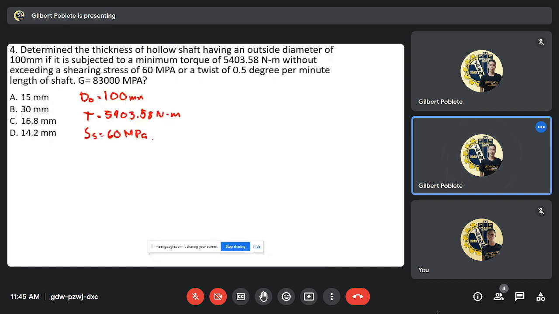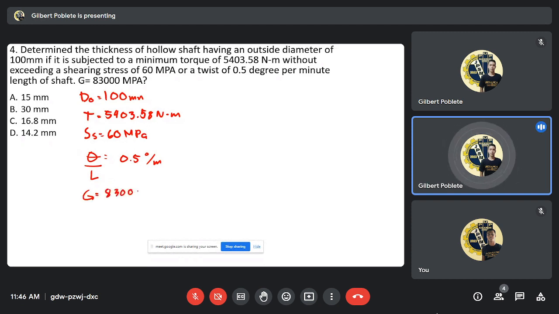Tapos, meron tayong or a twist of theta over length, di ba? Degree per meter length. Meron tayong 0.5 degree per meter. Okay? Then we have the 83,000 megapascal.